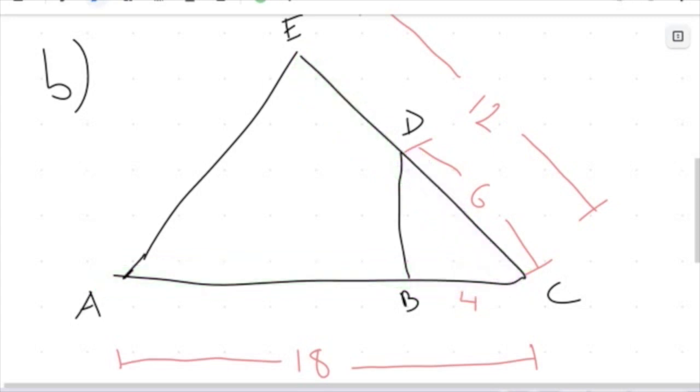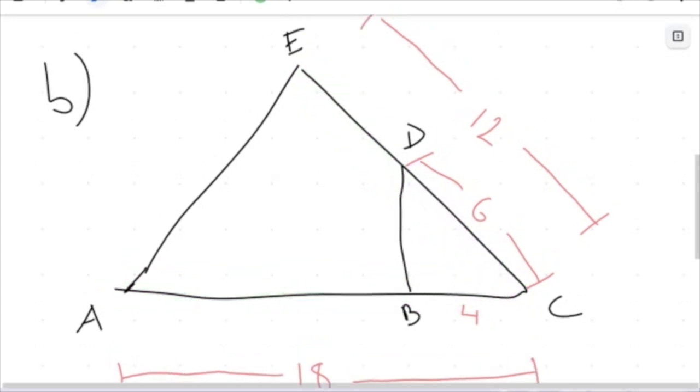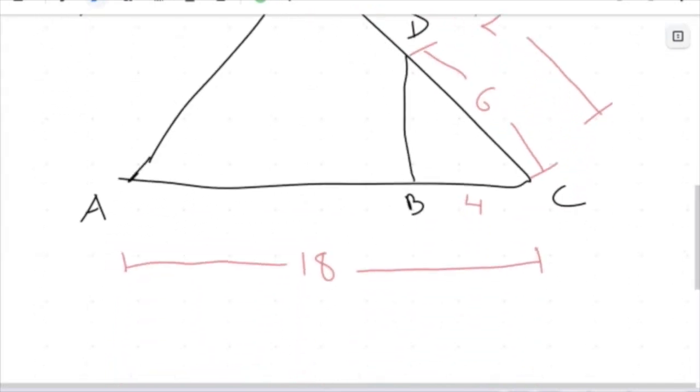So what I'm going to do is take my little triangle here and flip it around a little bit so it's in the same orientation, and that's going to tell me which sides are corresponding to one another.